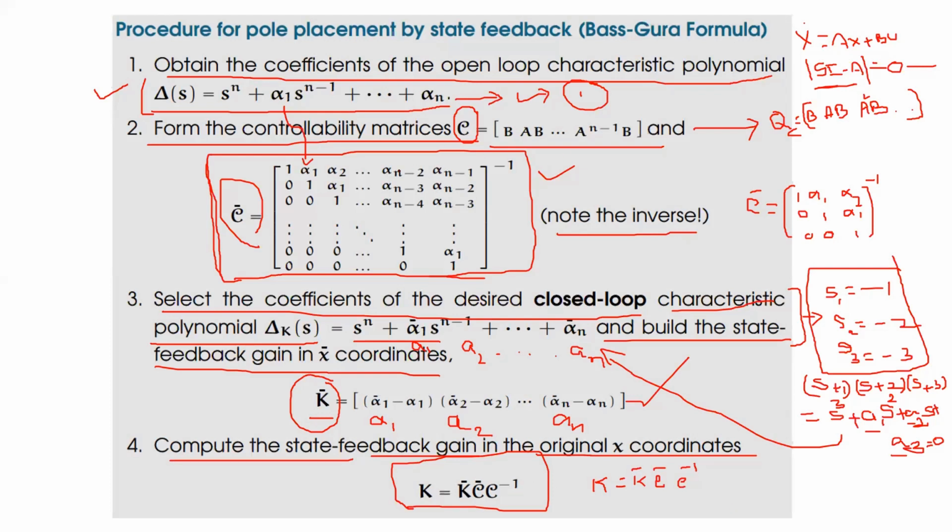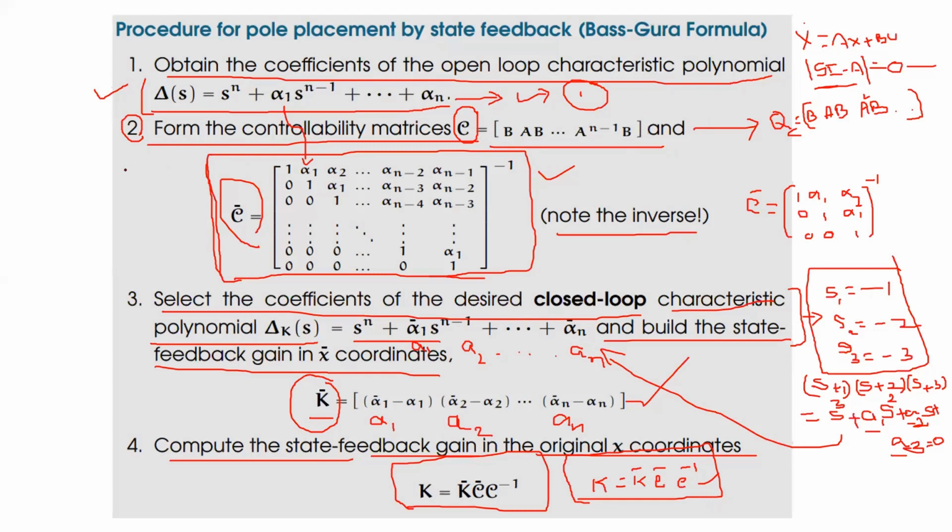What is E inverse? From point number 2, we found matrix E, that is the controllability matrix. Then if you find the inverse of that matrix, I will get the total K matrix gain. So this is method one to design a state feedback controller.